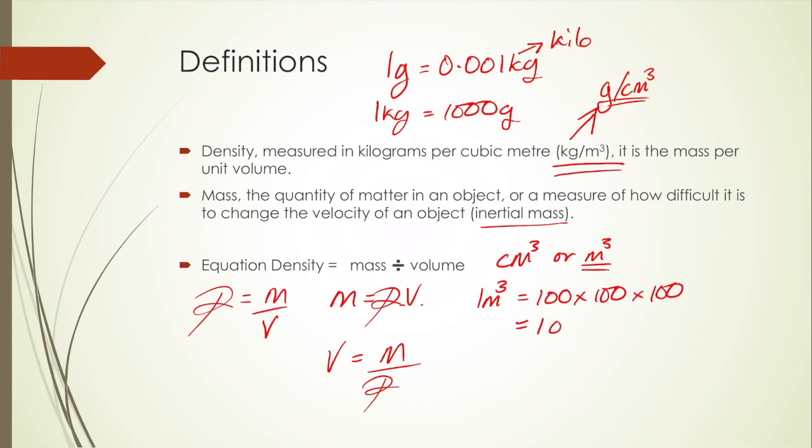So it's 1,000,000 centimetres cubed. Or, if you want to look at it the other way, 1 cubic centimetre equals 0.000001 of a metre cubed. So that might help you work in the different units. But I'll go through the questions in a few minutes anyway.